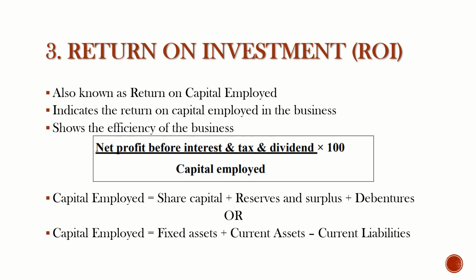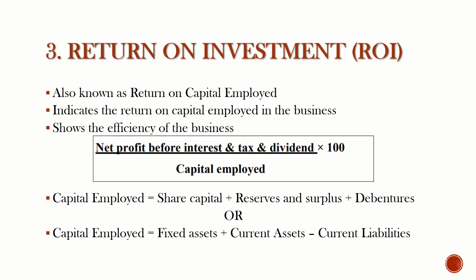Now let's see the third ratio, which is one of the most important ratios under the overall profitability ratios, which is known as return on investment, or ROI in short form. So return on investment is also known as the return on capital employed. That means this particular ratio indicates the return on capital employed in the business.